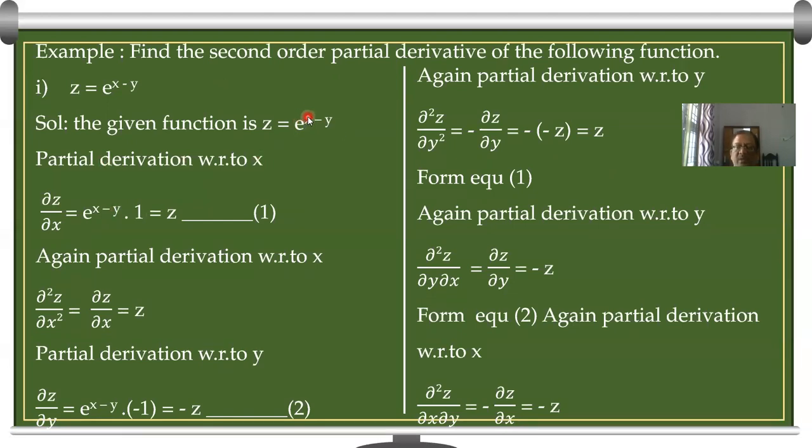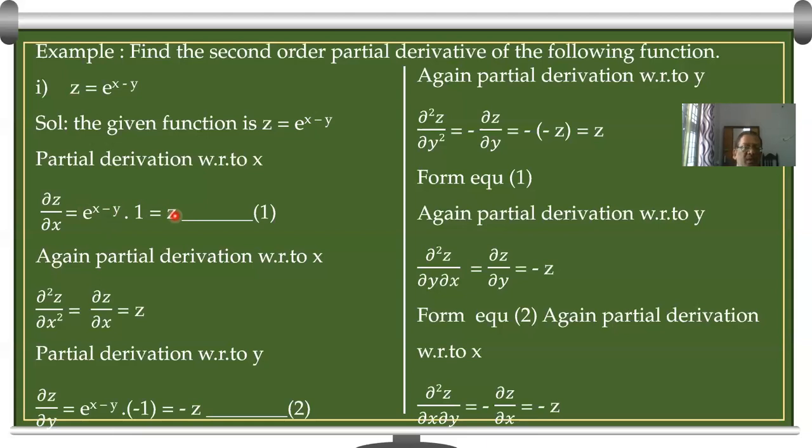The derivative of x is 1, the derivative of y is 0. Therefore, 1 minus 0 is 1. And one more point here, e power x minus y is nothing but z. Therefore, z into 1 is the same z.